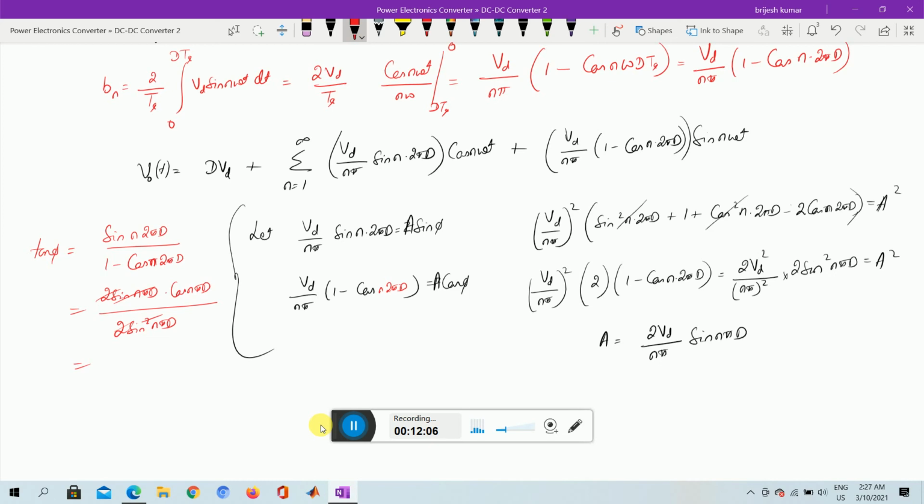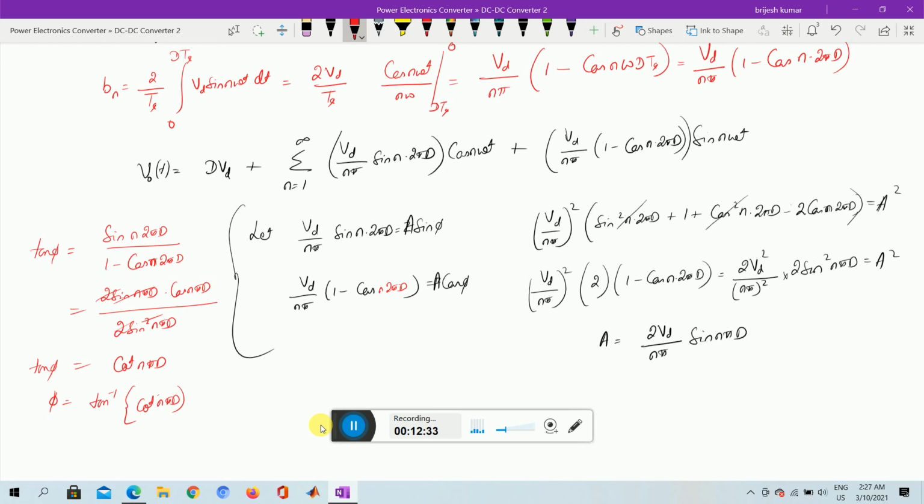So we can write this as cot of n pi d. So tan phi is equal to this much, so phi is equal to tan inverse of cot of n pi d.